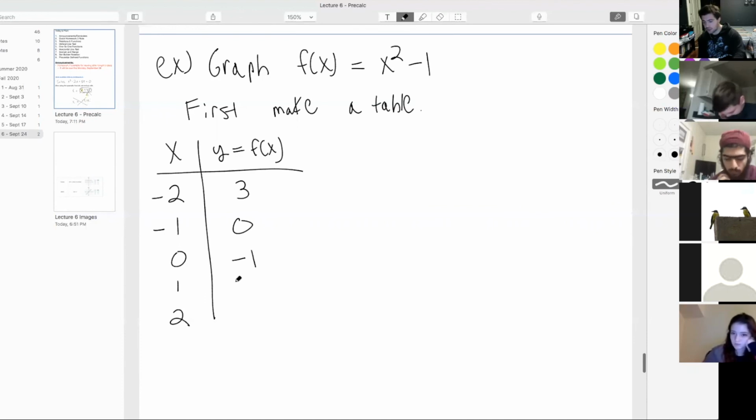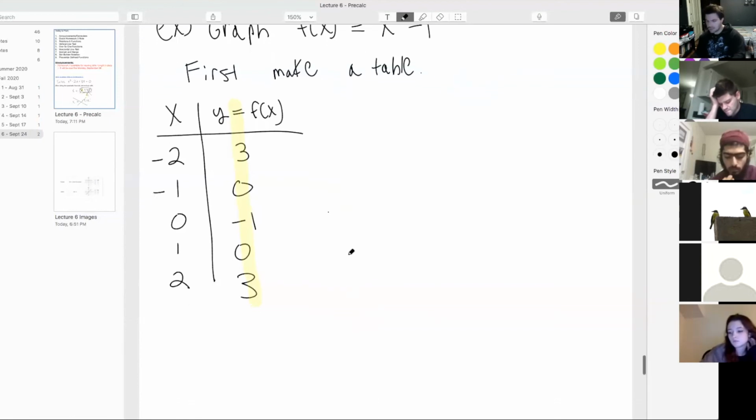If I plug 1 in, I will get 0. And if I plug 2 in, I'll get 3. Any questions as to how I obtained the numbers in the right column? All right, and then the rest is easy.